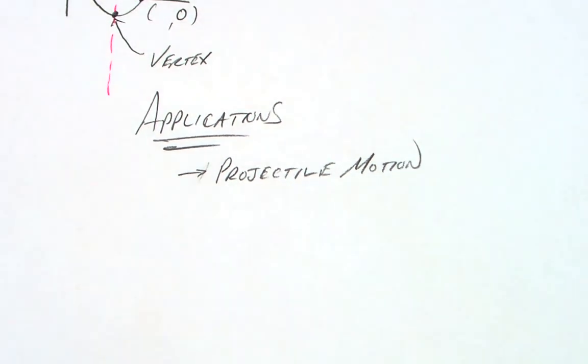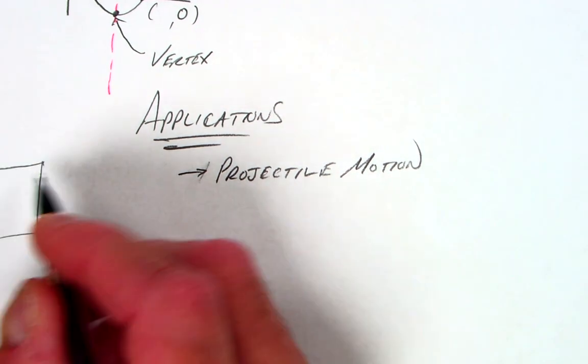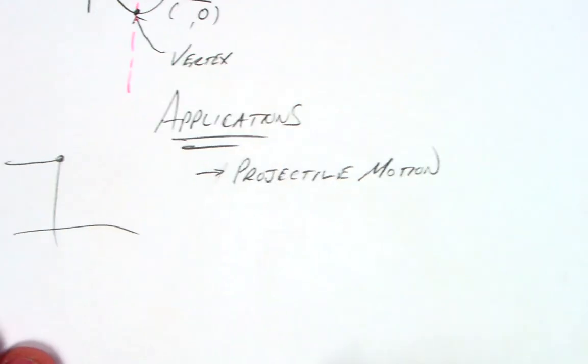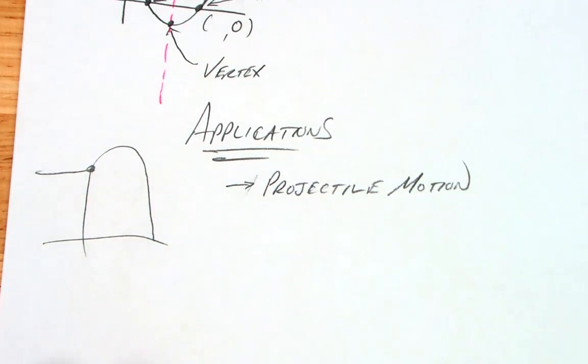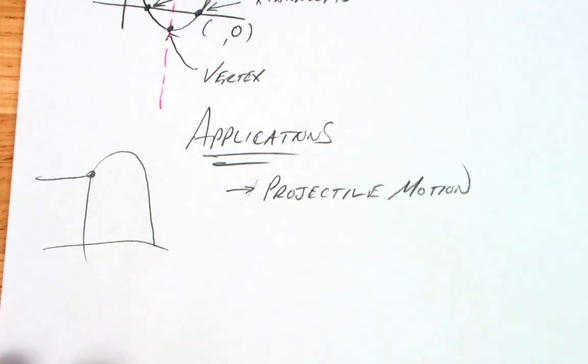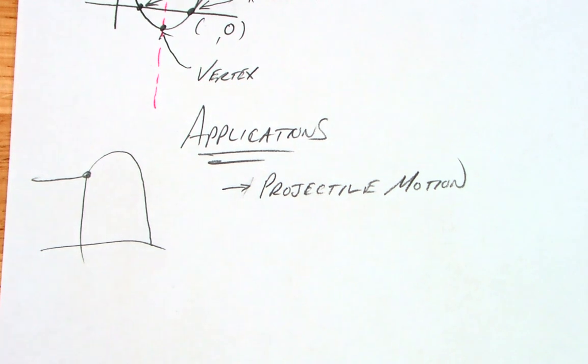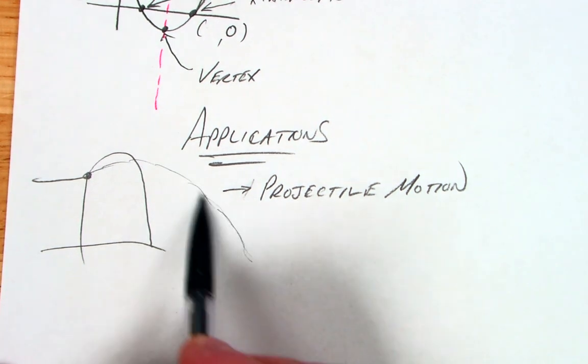Projectile motion is probably one of the most common. If I go up to the top of a school or top of a building and I throw something up, it's going to follow the shape of a parabola. That's just how it is. Okay? Even if you throw it outwards, it's going to follow the shape of a parabola.